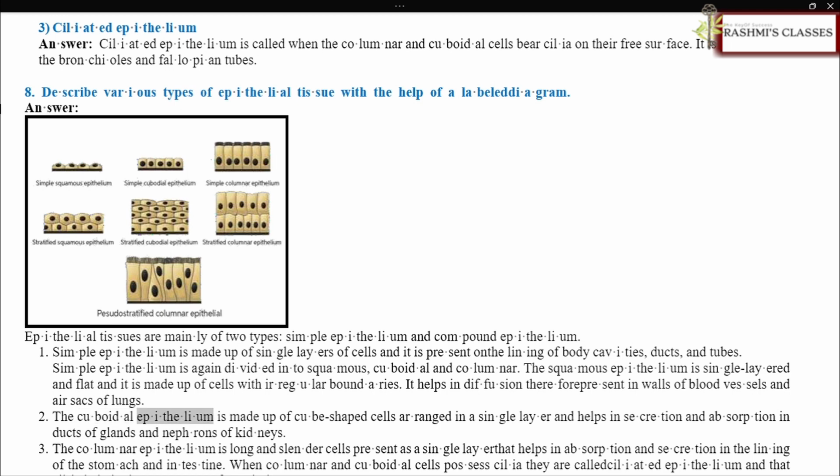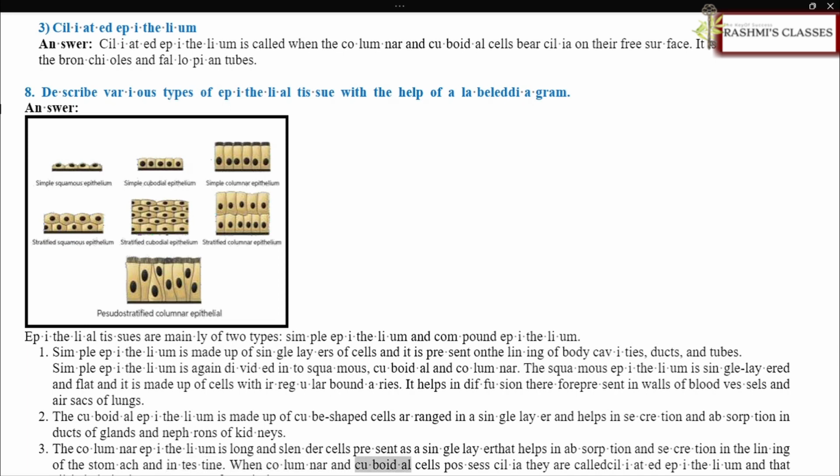The cuboidal epithelium is made up of cube-shaped cells arranged in a single layer and helps in secretion and absorption in ducts of glands and nephrons of kidneys. The columnar epithelium is long and slender cells present as a single layer that helps in absorption and secretion in the lining of the stomach and intestine.